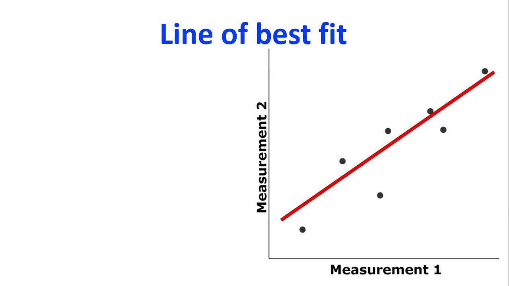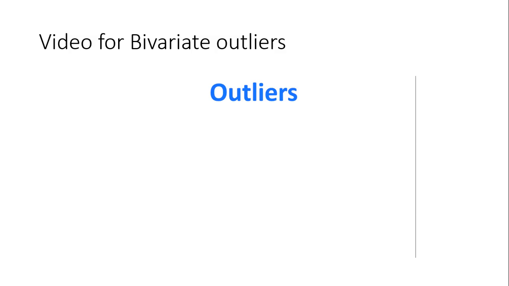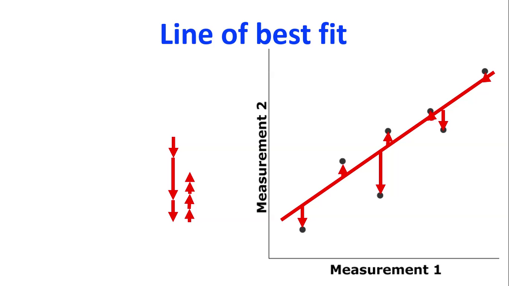Let's try a different one now. So let's try something a little bit less steep now, and let's see what happens here. So again, those distances above and below the line, and I'm going to add all of those up together. And you'll see now you've got one big distance below the line and several little teeny distances above the line.